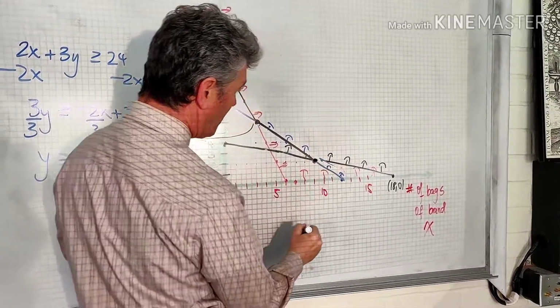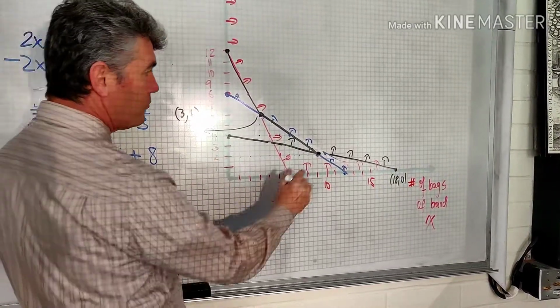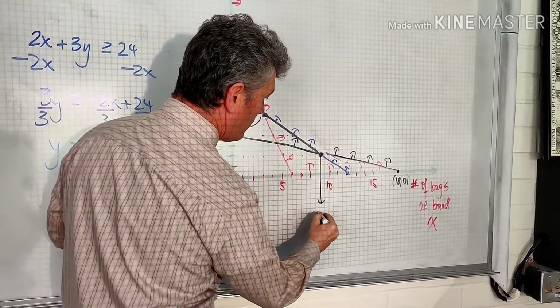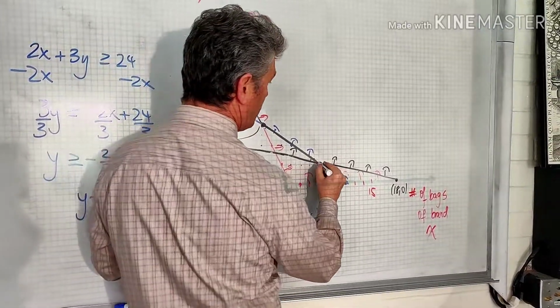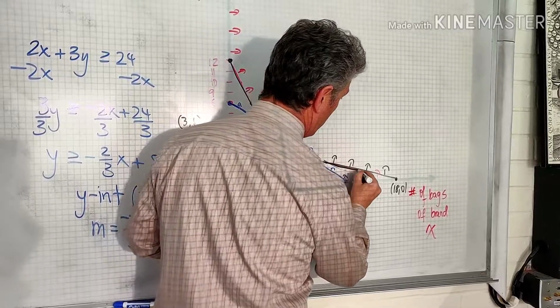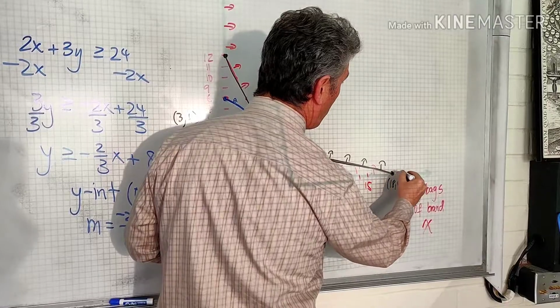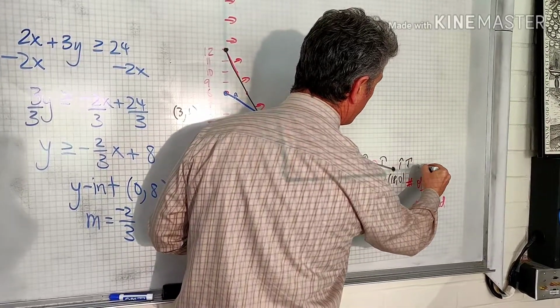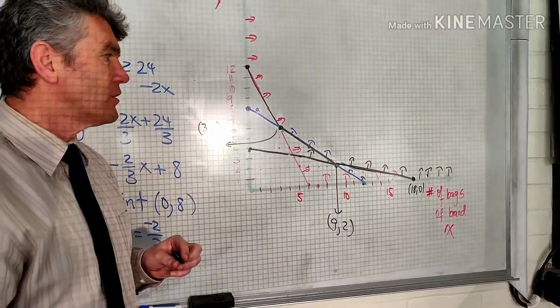The point right here has coordinates (9, 2). And finally, the last vertex is the point (18, 0). Yes, this is an unbounded region.